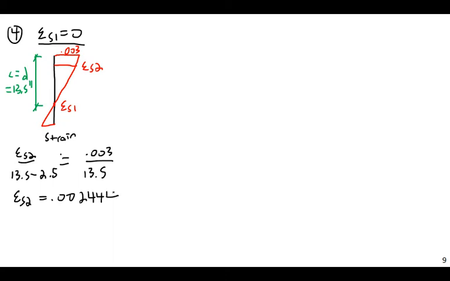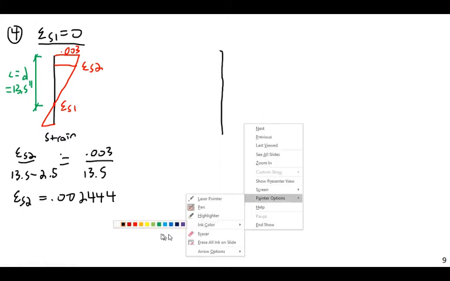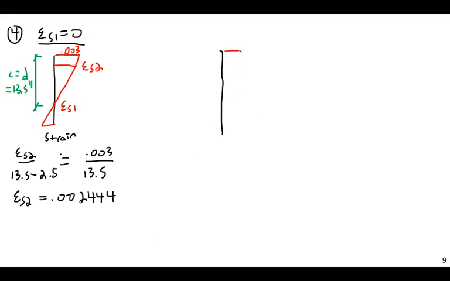Okay, so now we have the strains everywhere, we can find the stresses. The stress here is going to be greatly simplified because we don't have to worry about the capital FS2. Instead, we're going to have just a Whitney stress block at some depth A of 0.85 F prime C, and then we'll have some FS2 here.